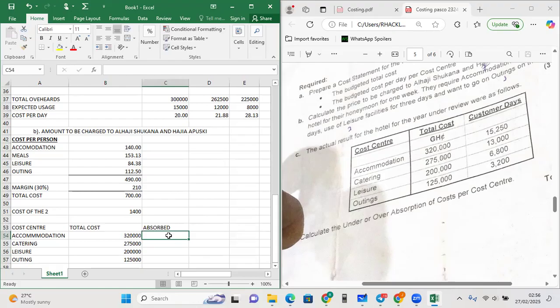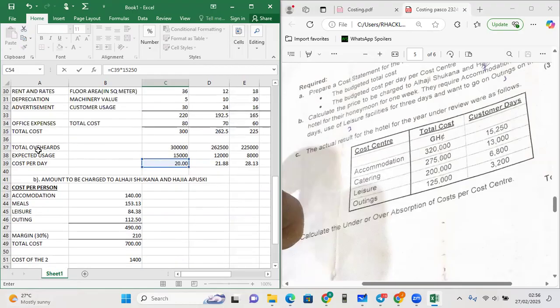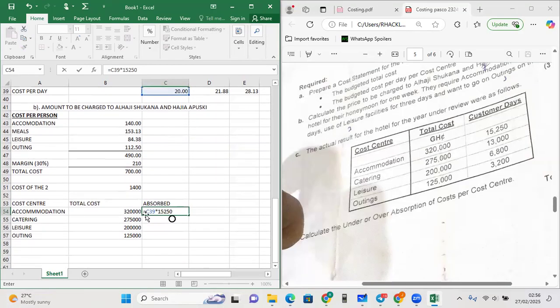Now the absorbed is going to be equal to the cost per day times the customer days at 1.5. You get it. So the cost per day that we calculated for the overhead, multiplied by the customer days that you're having. So this is it here.